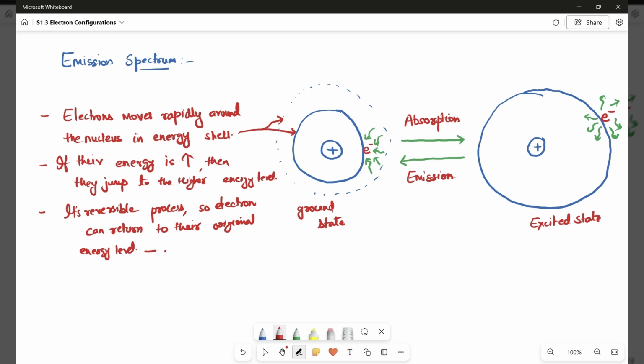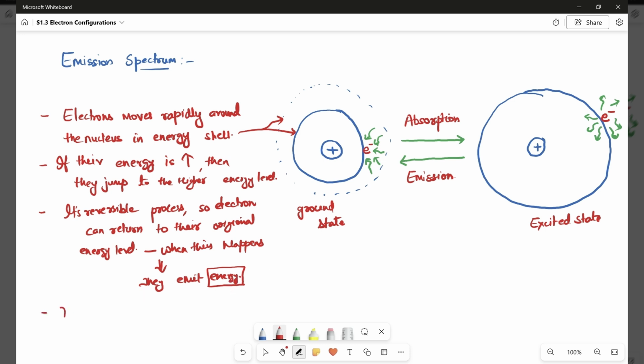And when this happens, they release energy; they emit energy, right? The frequency of this energy is exactly the same, it is just being emitted rather than absorbed, right?